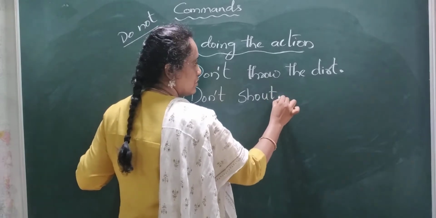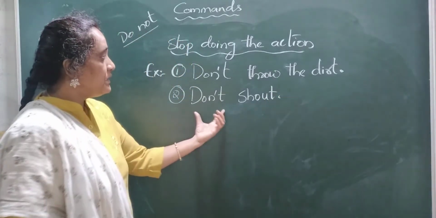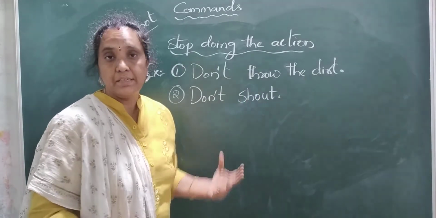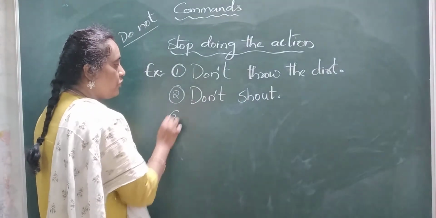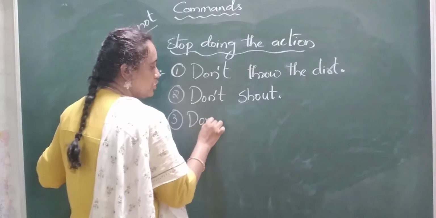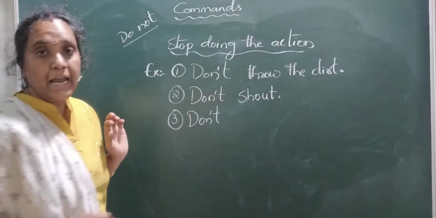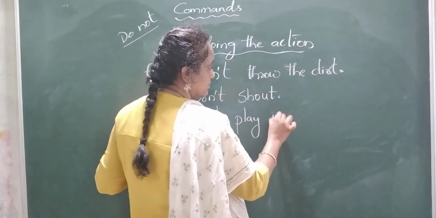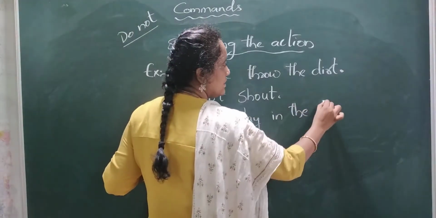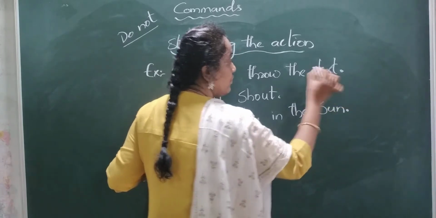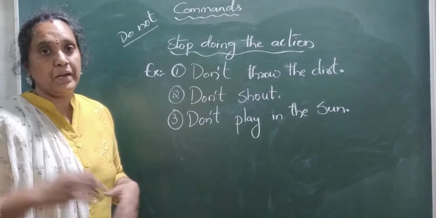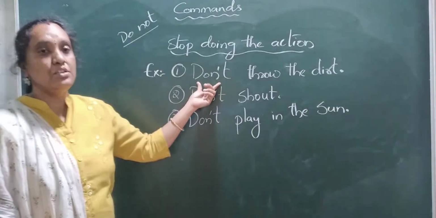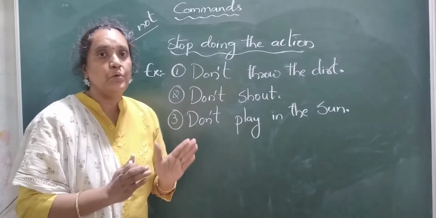When we say the word don't itself, it says that we are making them stop doing some action. We can go for other words like don't play. Don't play in the sun. Then we are stopping them from playing outside in the sun. So when we start with the word don't, we stop some action.